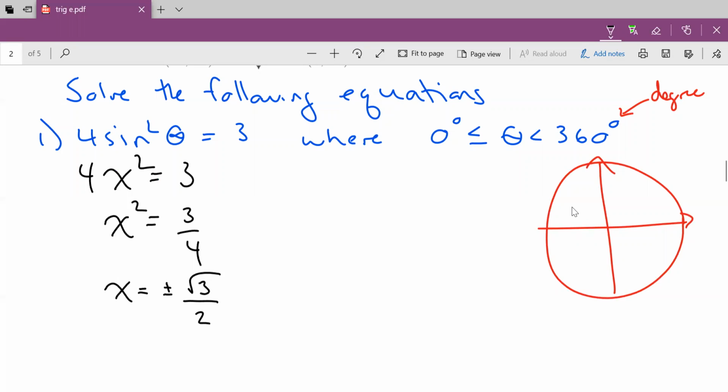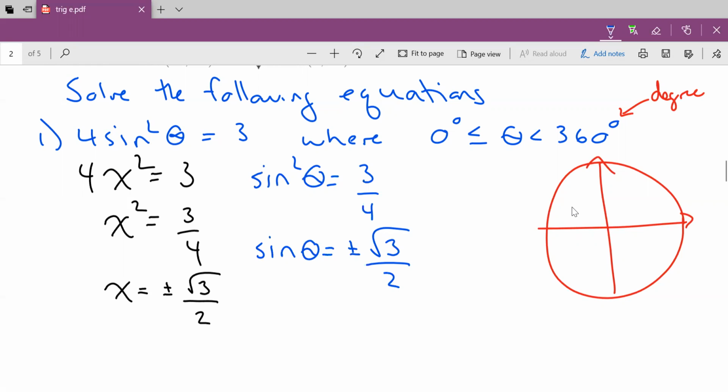That's all I would have done in grade 11, right? So let's do this in grade 12. Watch, it's the same thing. I'm going to divide both sides by 4. I'm going to square root both sides. Positive and a negative.